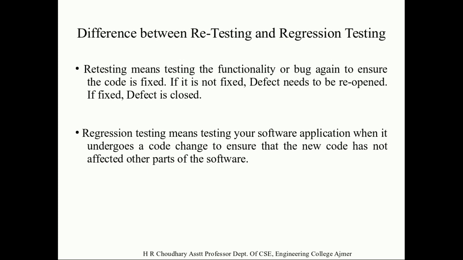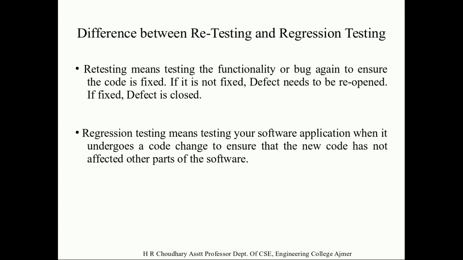Now an important thing is to look at retesting and regression testing. Is there any difference between retesting and regression testing? Retesting means testing the functionality and the bug again to ensure the code is fixed. If it is not fixed, the defect needs to be reopened, or if the defect is fixed it is closed.